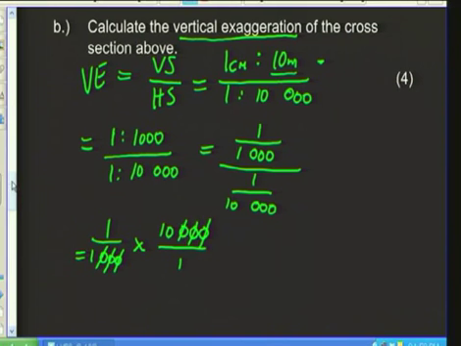That leaves me with 10 over 1, which of course is 10. What that means is our vertical exaggeration, our vertical scale, is 10 times larger than our horizontal scale. And that's what we've done to create it and make it bigger so that we can see it more clearly.